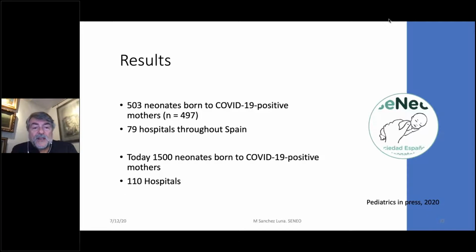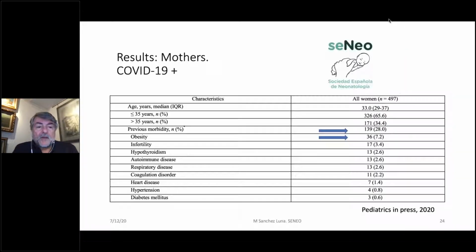But right now, the registry has more than 1,500 dyads from COVID-positive mothers from more than 100 hospitals. So the registry is live. Probably we will have more than 1,600 in a few weeks. This is the demographics of the mothers infected by SARS-CoV-2, and you can see there are not many differences from regular pregnant women in the country, but we have a higher percentage of mothers with previous morbidity.